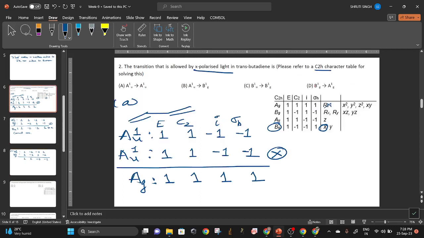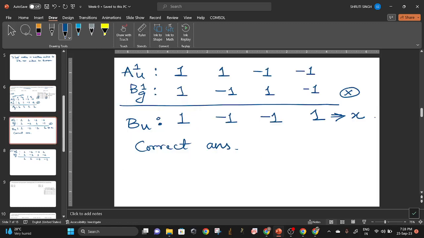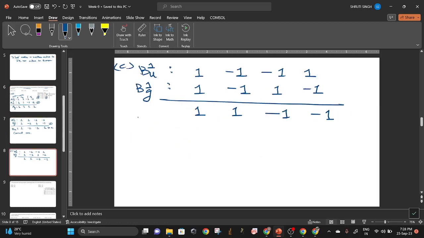Now check whether 1, 1, -1, -1 is transforming according to Au. So it is Au, and it contains the polarization basis Z. We need X. So this transition would have been allowed if the question was asking for Z-polarized light. So this is Au, and it is transformed according to the Z basis.